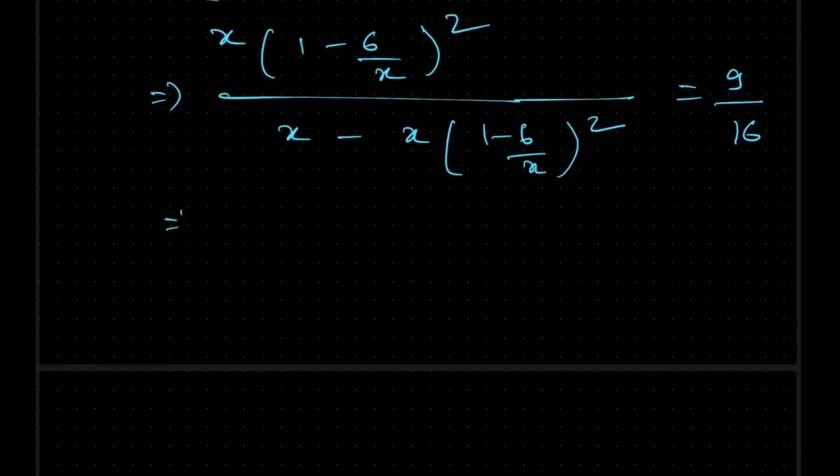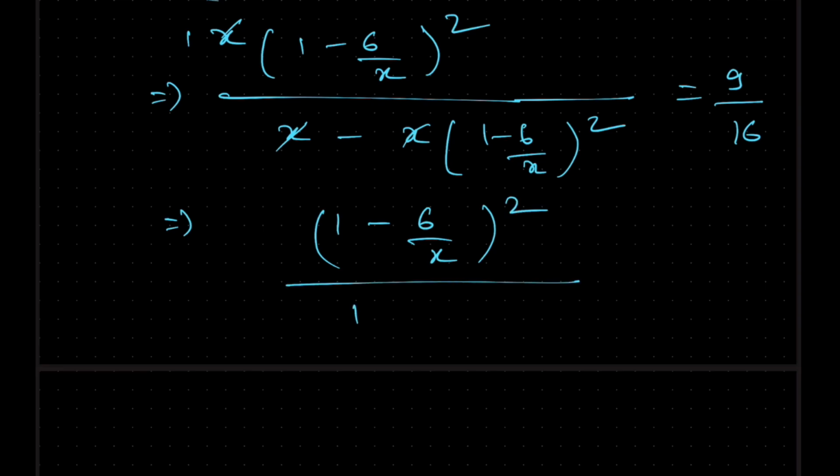Let's solve it. x will be cancelled, so we get 1 minus 6 by x whole square, divided by 1 minus 1 minus 6 by x whole square, equal to 9/16.